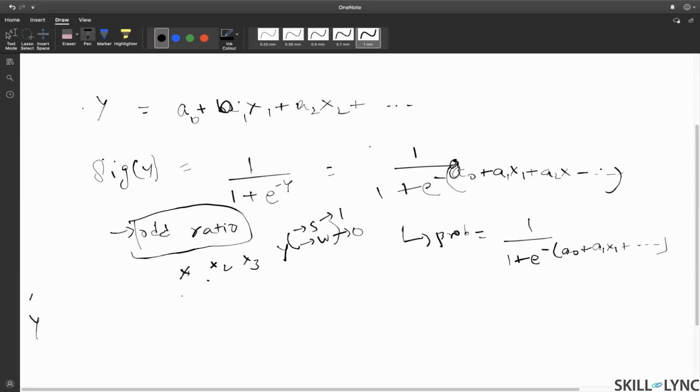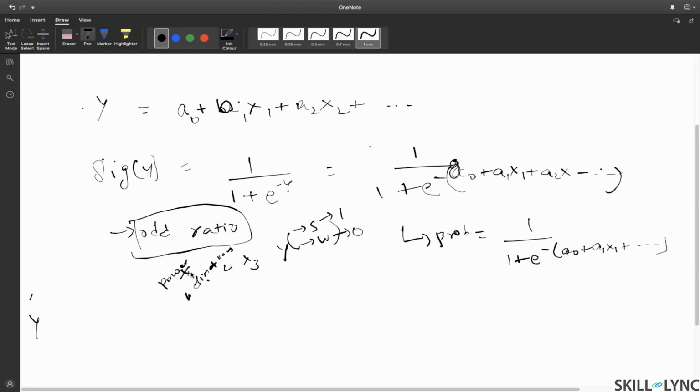Now you have different input features. Input features could be the power. Let's take the power as x1. What could x2 be? Dimensions. Let's take the dimensions. What could x3 be? Could you tell me the basic difference between a split AC and a window AC?